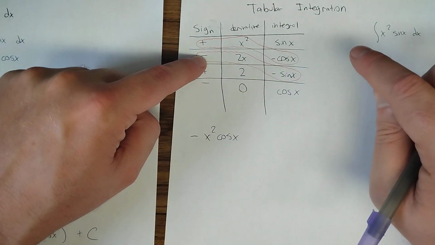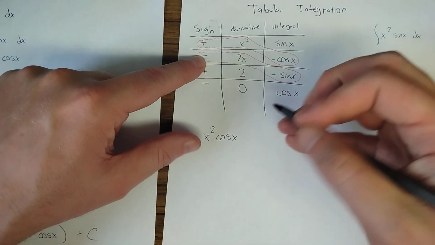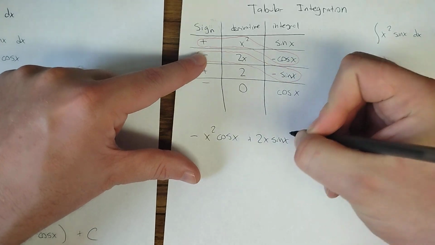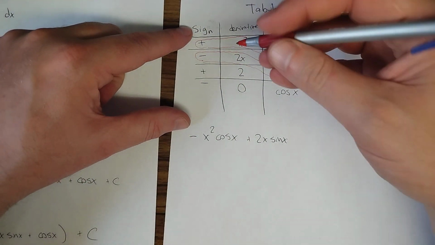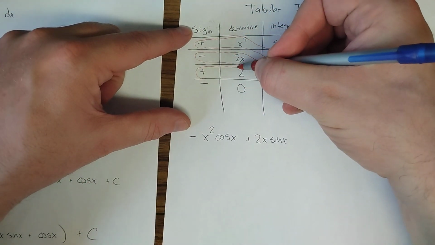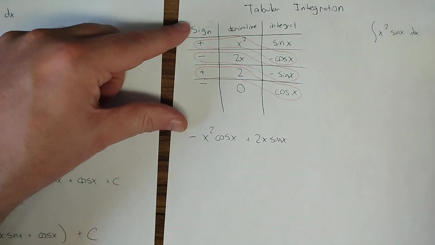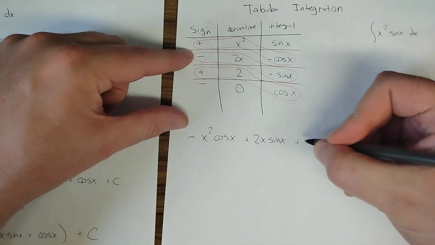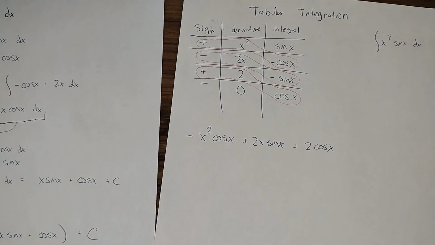So I've got a minus 2x times minus sine, and the minus is canceled, so I write plus 2x sine x. And then here, so plus 2 cosine x.